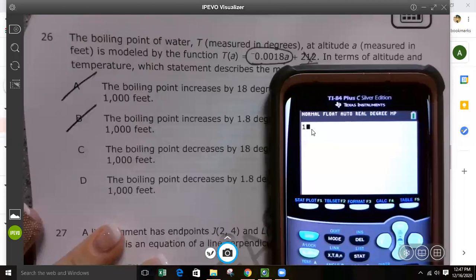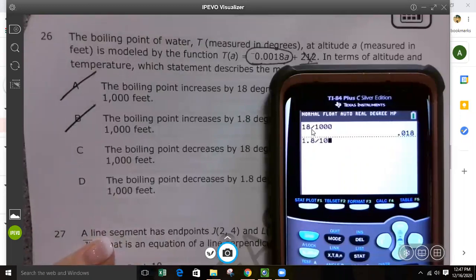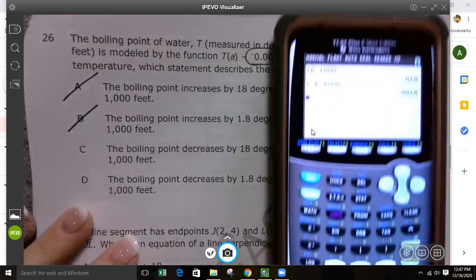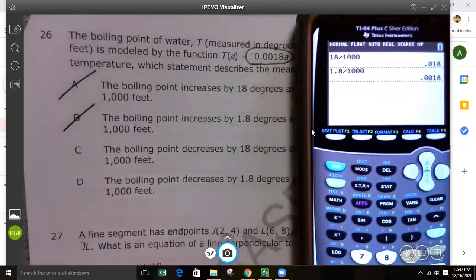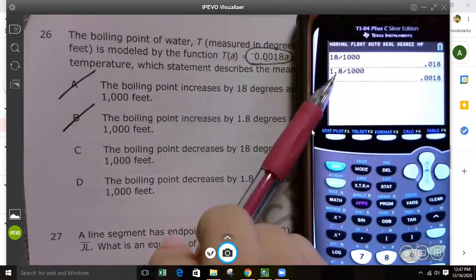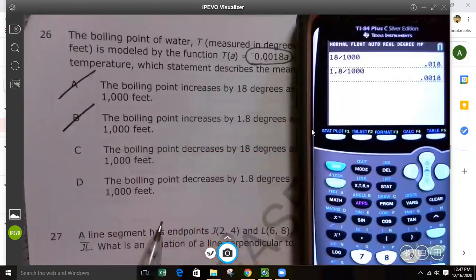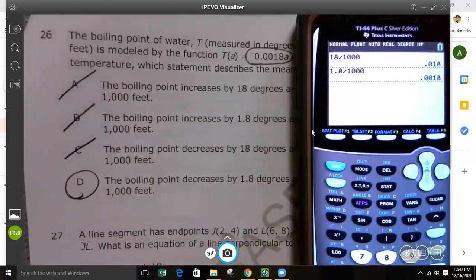Oh, 1.8. So your answer is D. That's all you have to do on that.